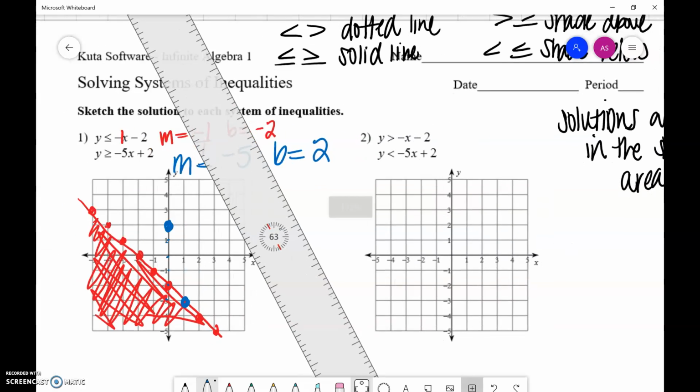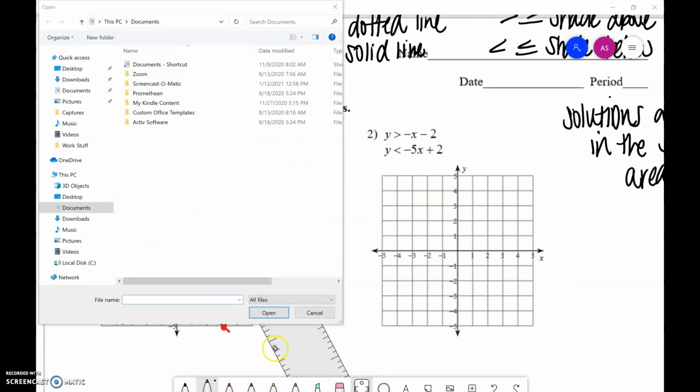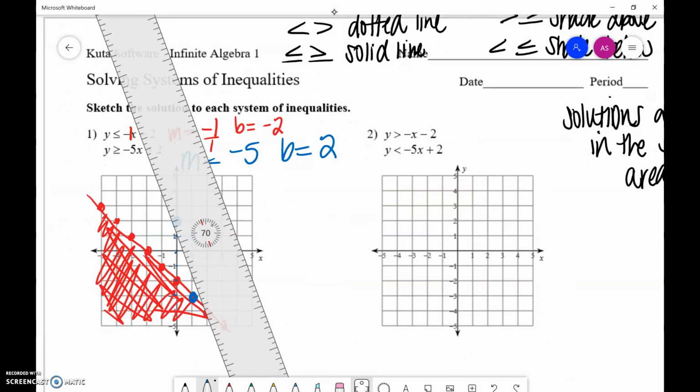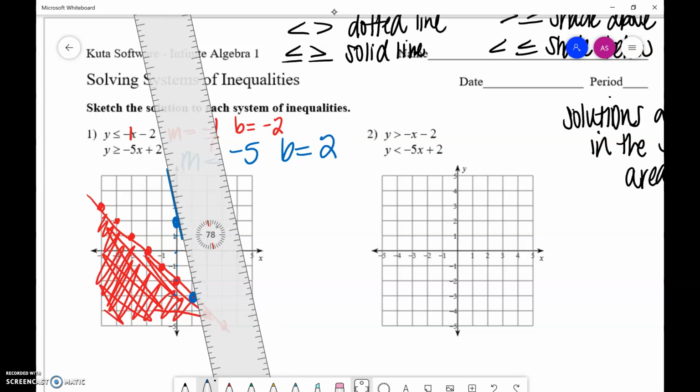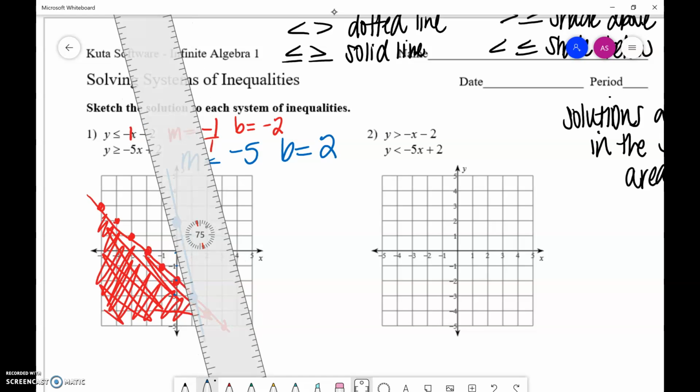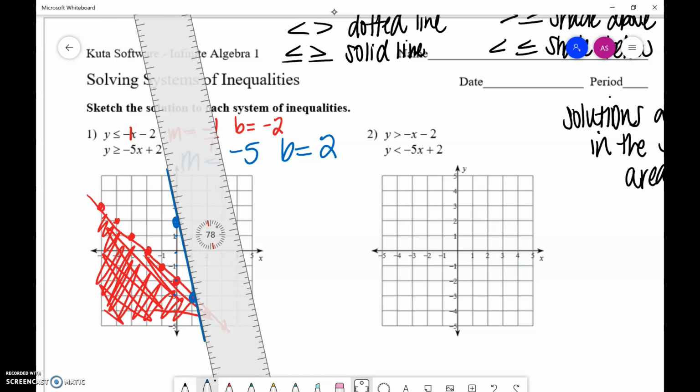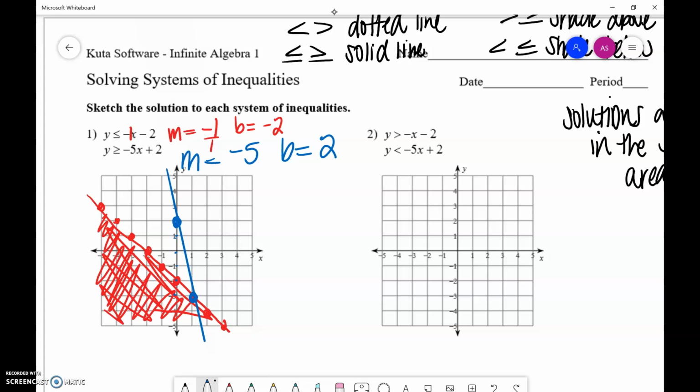So let me use my ruler this time. And since we have greater than, we're going to shade above. So above will be right here. Okay, and that's my graph.